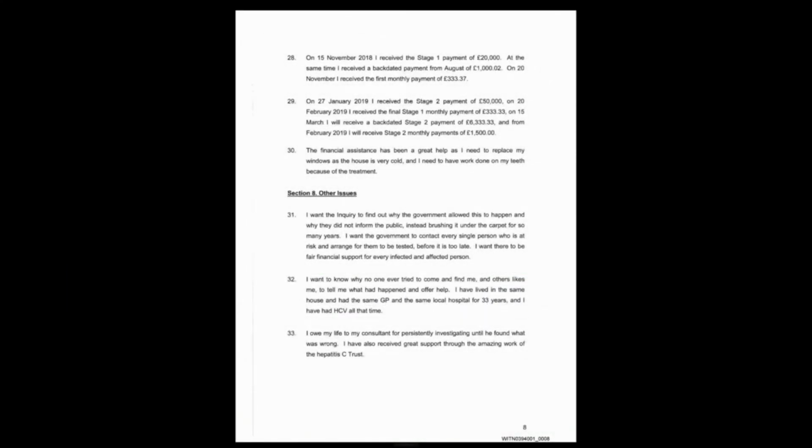So, Sarah, of course, we've got multiple examples of individuals who were contacted through the look-back exercise, and you've heard lots of evidence to date about the look-back processes. But there are others, like this witness, who only found out about their infections because of their own actions, i.e. going to the doctor, having a checkup because they were feeling unwell.